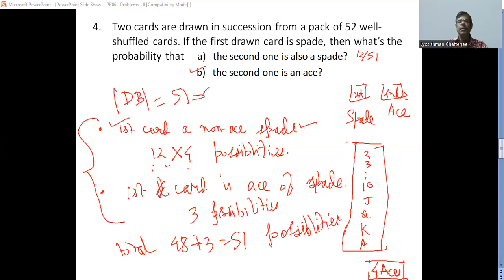That means probability of DB is 1 by 52. Right? So probability of DB is 1 upon 52.